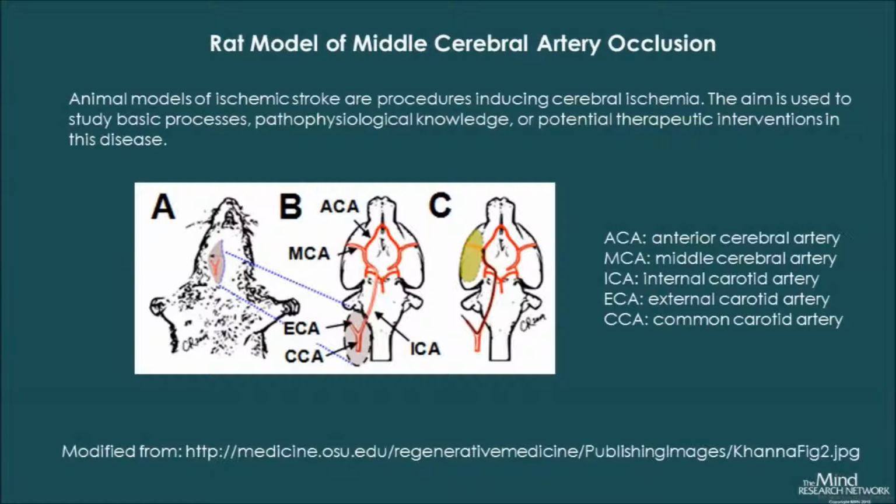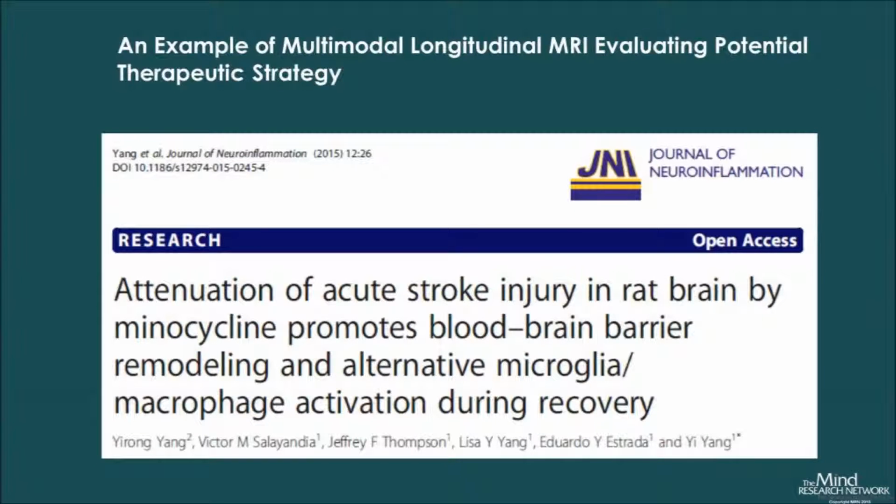People usually insert a filament through the ECA, go all the way through the ICA, and approach the tip of the MCA. Depending on the study, sometimes people occlude permanently, and sometimes for a specific time period, like 90 minutes, then withdraw the filament and cause a reperfusion.